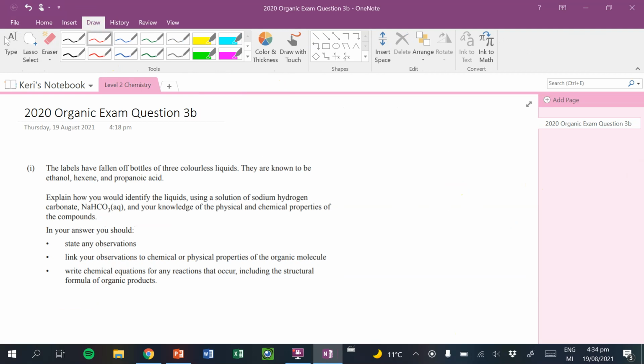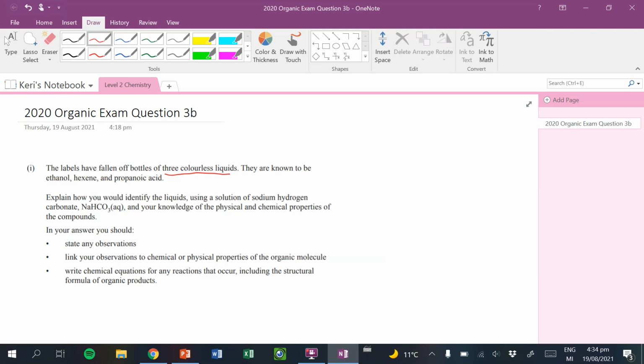All right, so we read: labels have fallen off 3 colorless bottles. And that's the problem with organic chemistry. So many of our organic liquids are colorless, so there's no real way to tell the difference. They have given me a list, and they'll always give you a list. There's ethanol, hexene, and propionic acid. What I always like to do is annotate these questions with 2 things. 1, how many carbons are there?